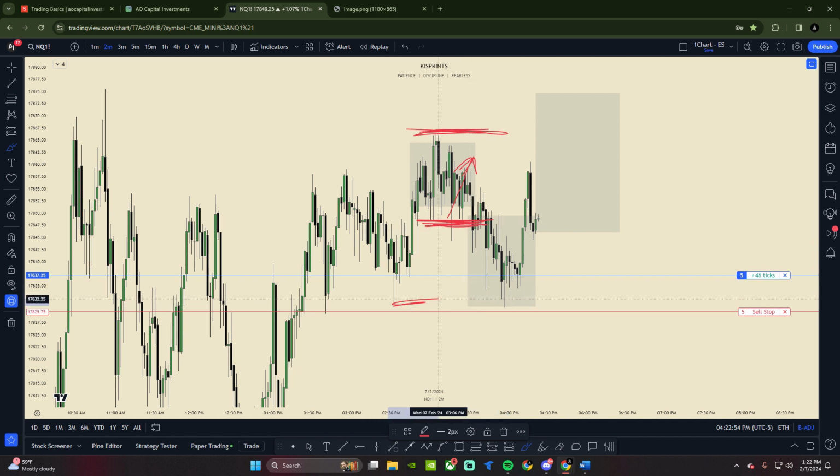So price manipulates lower, runs the stops, and now people are selling, so they have their stops here. What does price do when it manipulates? It distributes, and it targets seller stops. So this is the power of 3: accumulation, manipulation, distribution.